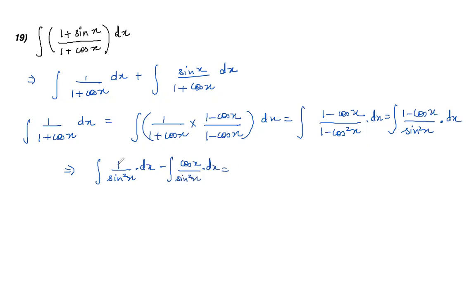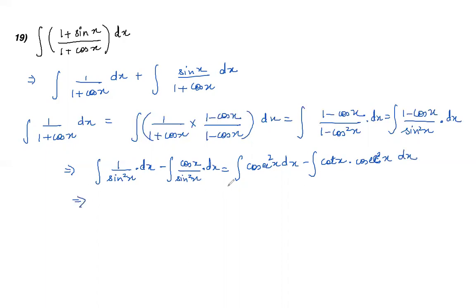That is, what I need to do is find the integration of 1 upon sine square x, that is cosec square x dx, minus the integration of the second term. Here what I can do is take cos x upon sin x as one quantity. So cos x upon sin x is what? Cot x. And then one sin x would be left, so I can write it as cot x into cosec x into dx.